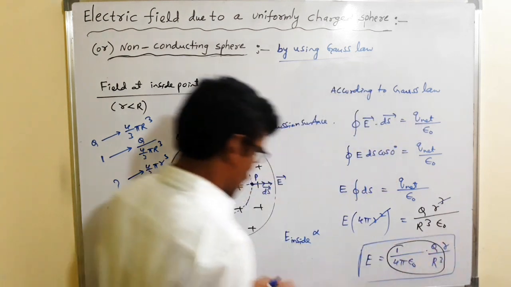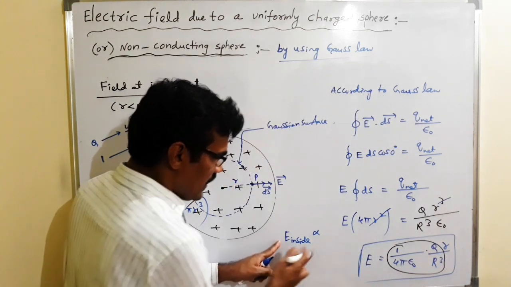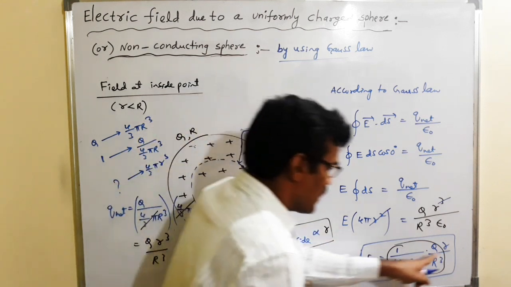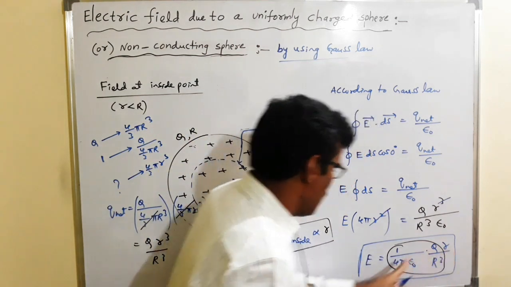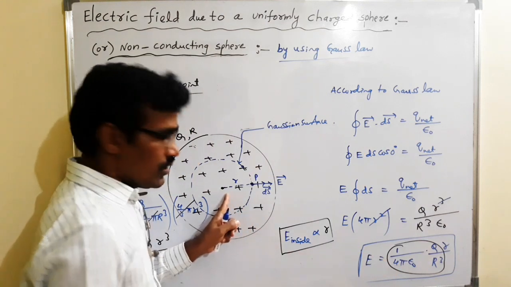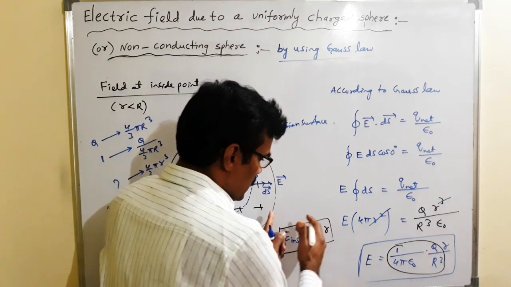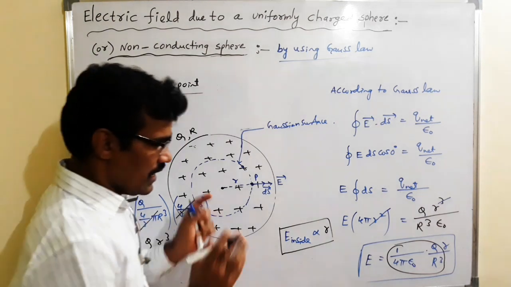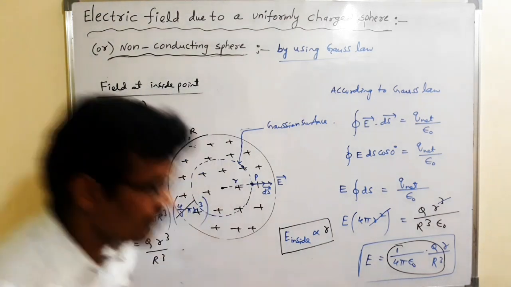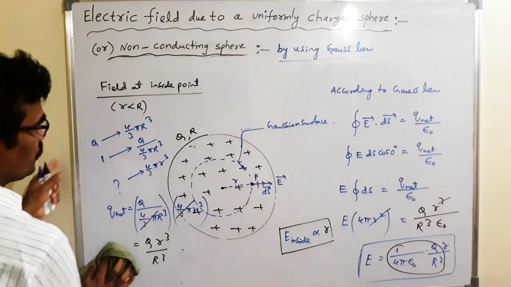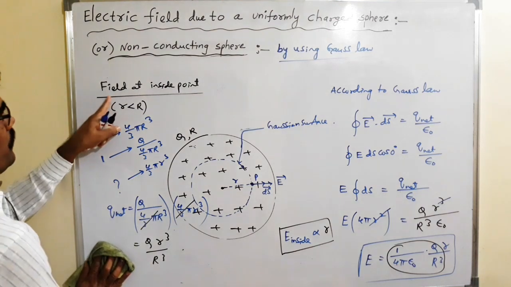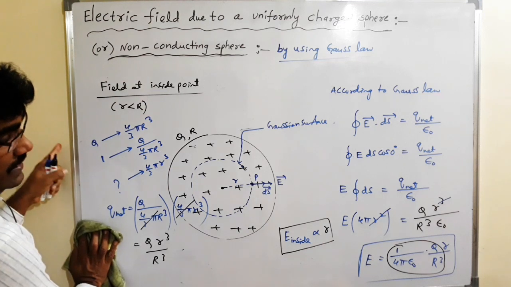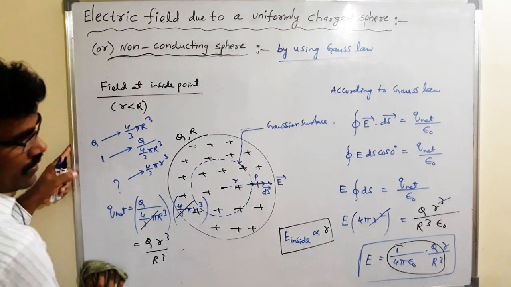So the variable is small r. At the center, small r is 0, so the field is 0. From center to surface, it increases gradually and linearly. This is the field at an inside point at a distance small r from the center.